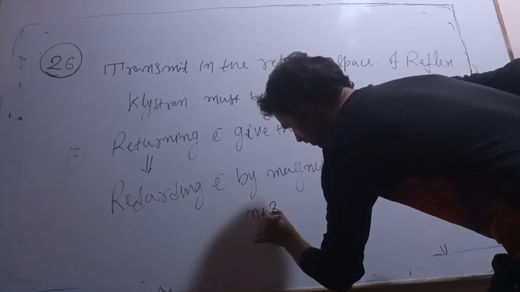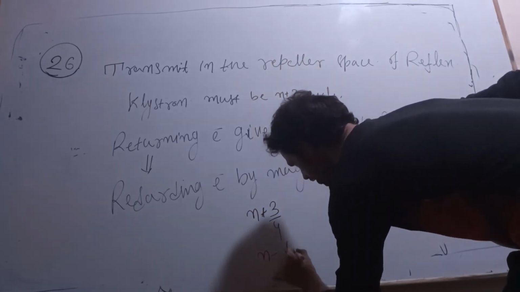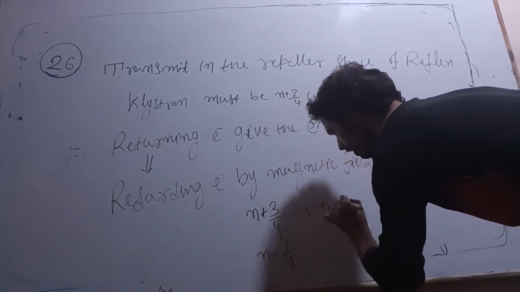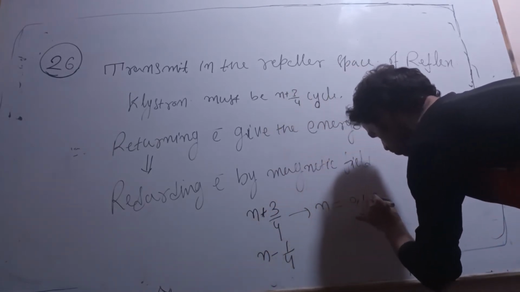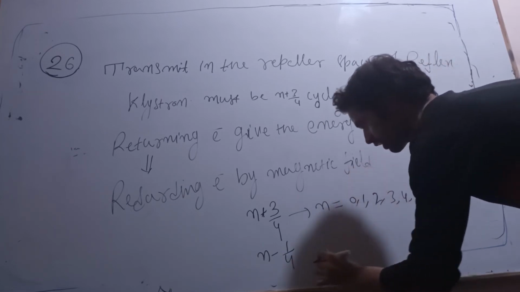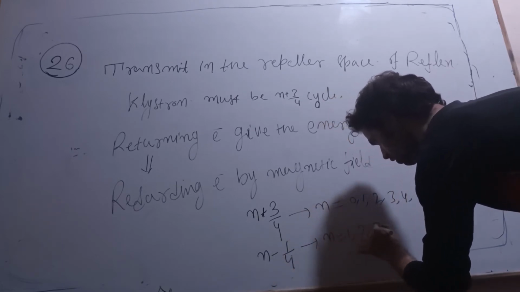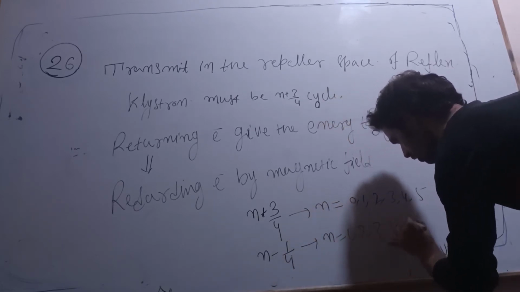It will be n plus 3 by 4, and it is also n minus 1 by 4. N plus 3 by 4 when n is equal to 0, 1, 2, 3, 4, 5. N minus 1 by 4 when n is equal to 1, 2, 3, 4, 5, like this.